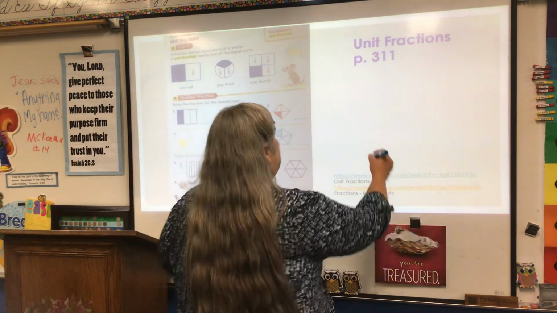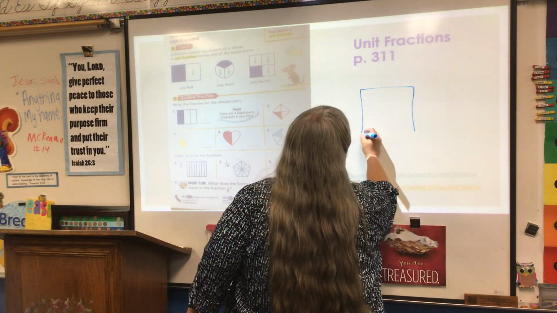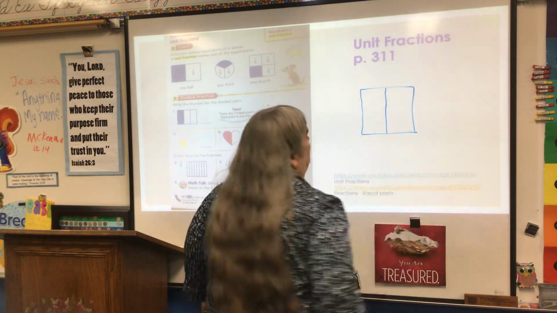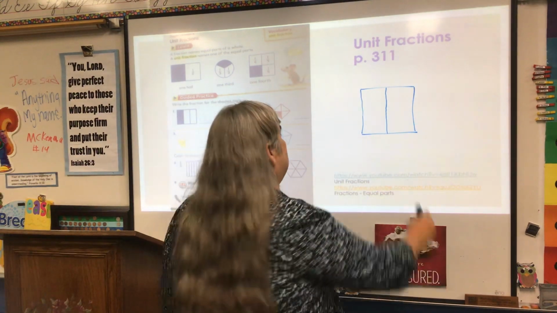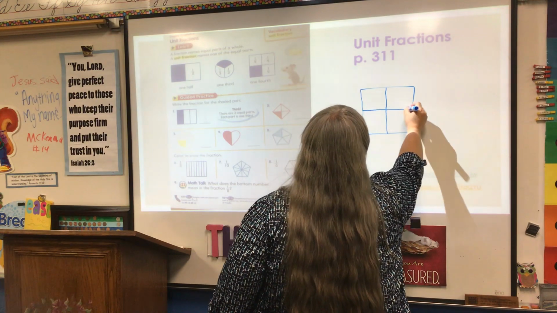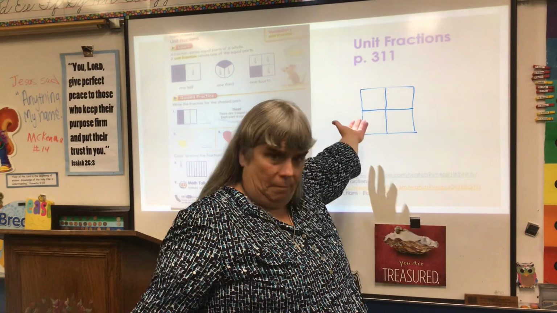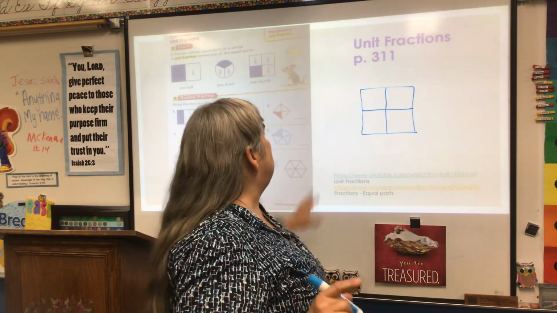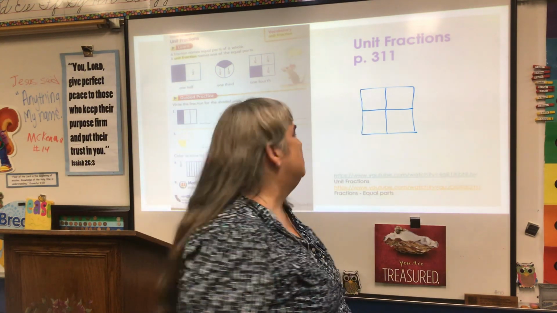So if I had a square that I had divided up into fourths, we talked yesterday about splitting something into halves. There's one half, there's the second half. And then I split it again the opposite direction. Now I've split this shape into fourths because there is one shape, but it's divided into 4 equal parts.